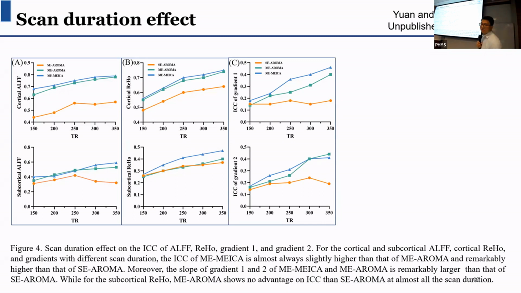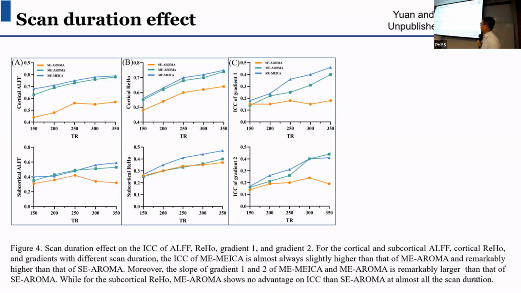Then this is 0.5 here. So this is the amplitude of your signal. With the single echo, this yellow one is single echo. With this single echo study, from this plot at least, you can never get a chance to reach 0.5.